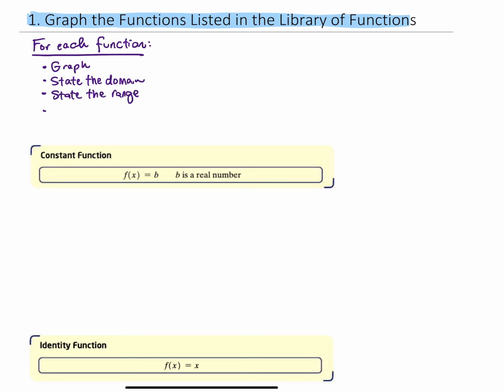We'll decide if the function is even or odd or neither. We'll list any intercepts. We'll think about intervals of increasing or decreasing or constant behavior.